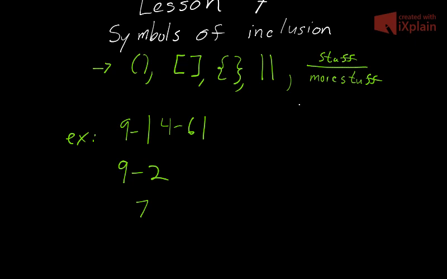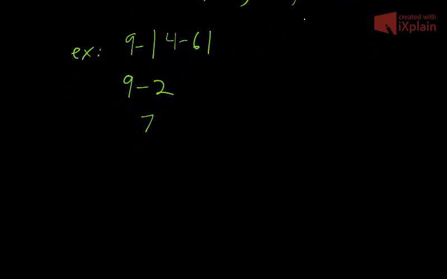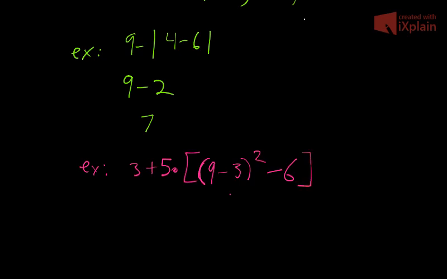I want us to try one that's maybe a little bit harder. So this example is going to be 3 plus 5 times bracket parenthesis 9 minus 3 squared minus 6 bracket. There we go.